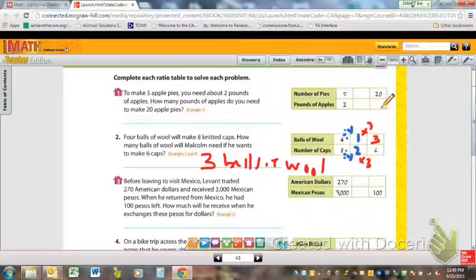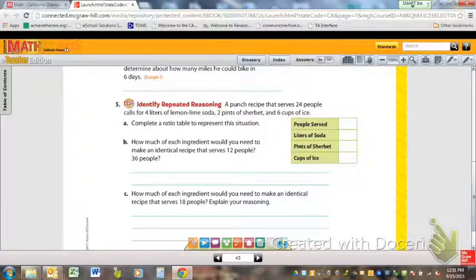We did a couple in class today, and I'll get them started with number 5A. 24 people were served. They used 4 liters of soda, 2 pints of sherbet, and 6 cups of ice.